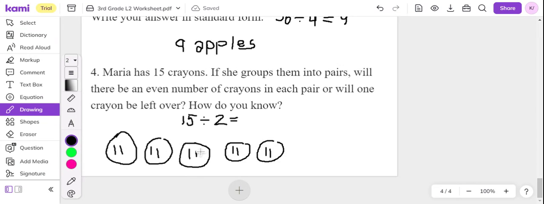So we have 10 crayons so far that are in pairs. 1, 2. 1, 2. Alright, so we have 14 crayons. So that means we have 1 crayon left over in its own little group.